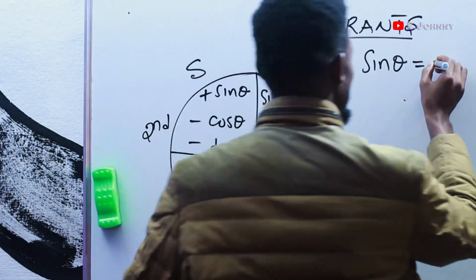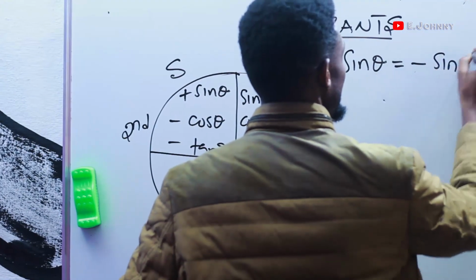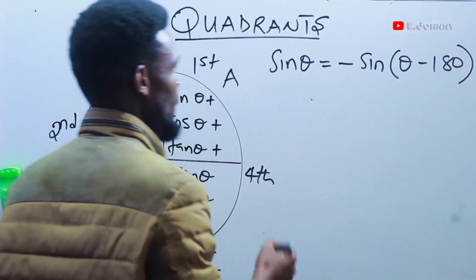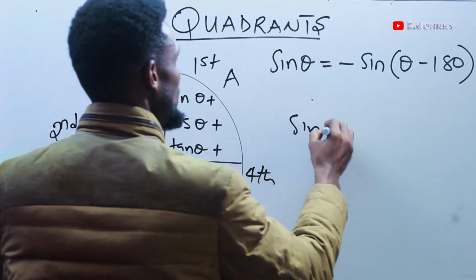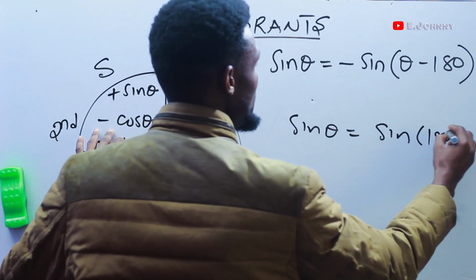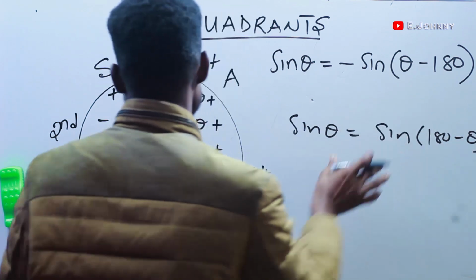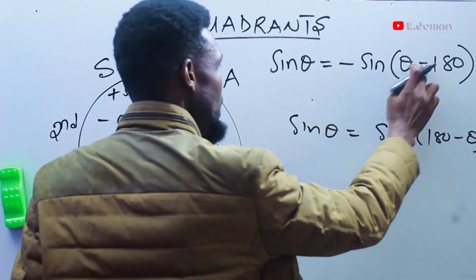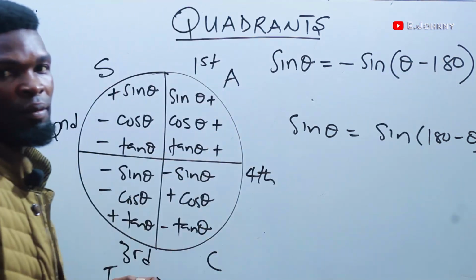So I'm going to have minus sine of (theta minus 180) degrees. Don't forget that in the second quadrant, sin theta was sine of (180 minus theta). But in the third quadrant, it is sine of (theta minus 180).